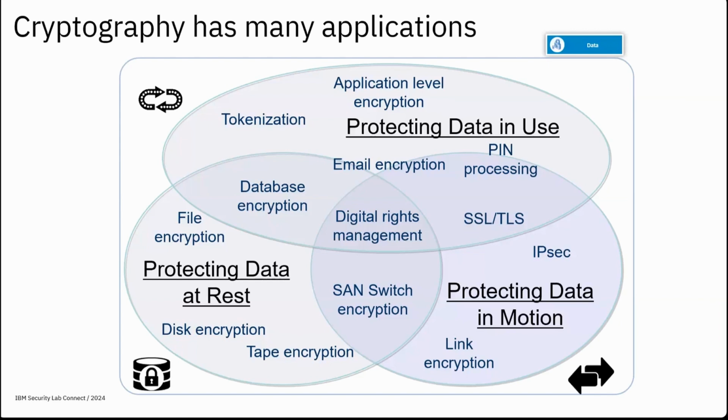And then for data in motion, we use SSL, TLS, or HTTPS protocols to protect the data that is in motion. And data in motion normally uses asymmetric or public key cryptography to encrypt the data.